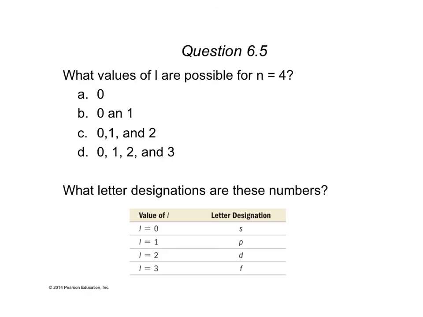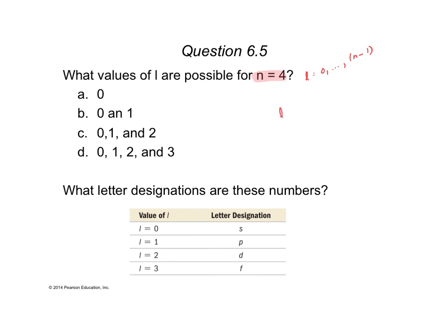Okay, so let's actually do a problem that utilizes this. Let's say we have an orbital, and that orbital has n equal to 4 as the principal quantum number. What are the possible values of L? Remember that L can be any value from 0 all the way up to n minus 1.